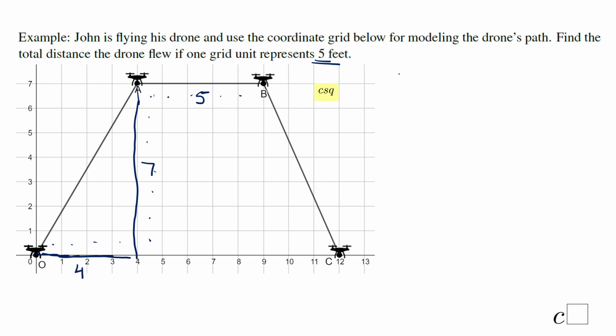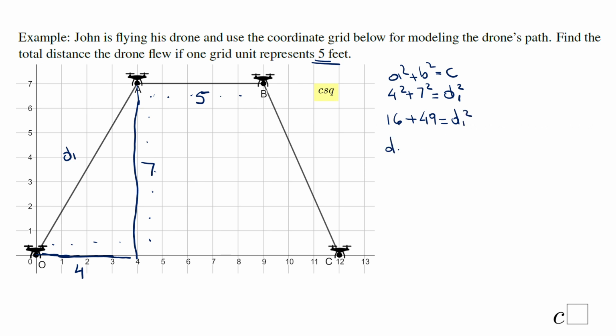So again, we have a squared plus b squared equals c squared, and we're gonna have 4 squared plus 7 squared equals the length of segment OA. I'm gonna call it D1 squared. So we have 16 plus 49 equals D1 squared.